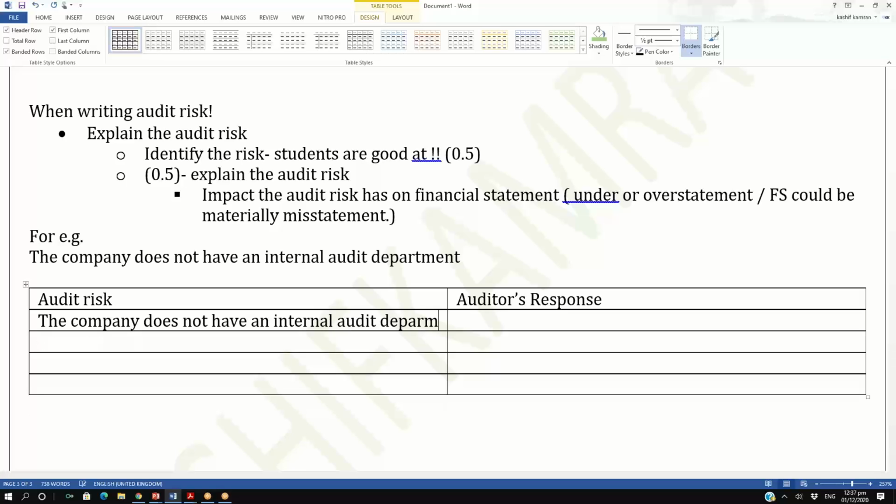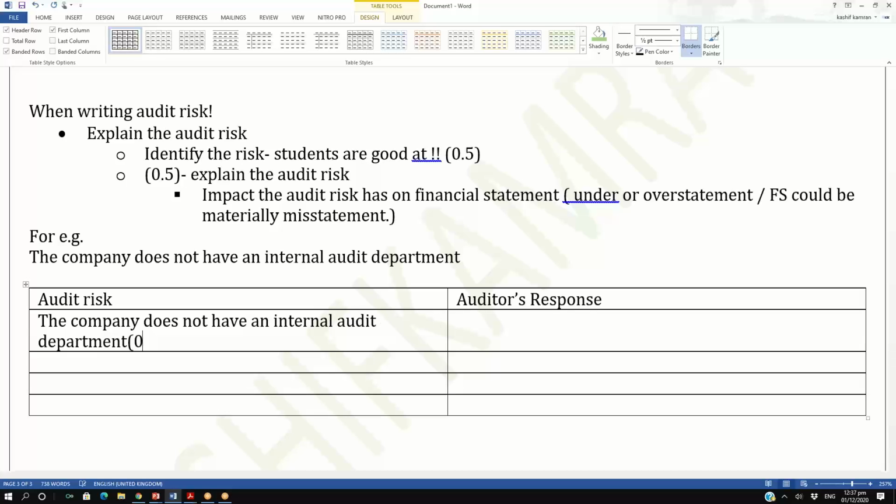The moment I write this, I am taking straight away my 0.5 marks. Now I need to explain why it is an audit risk.